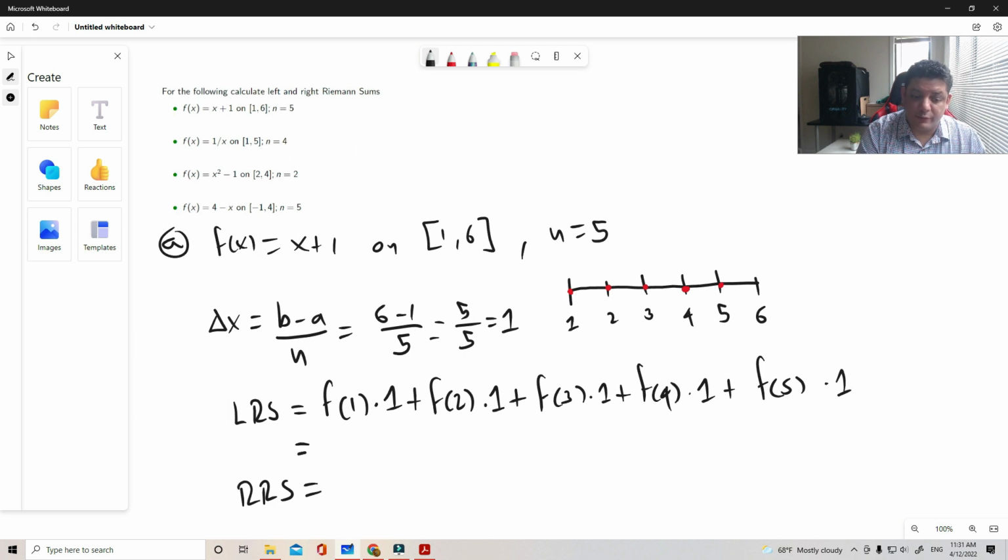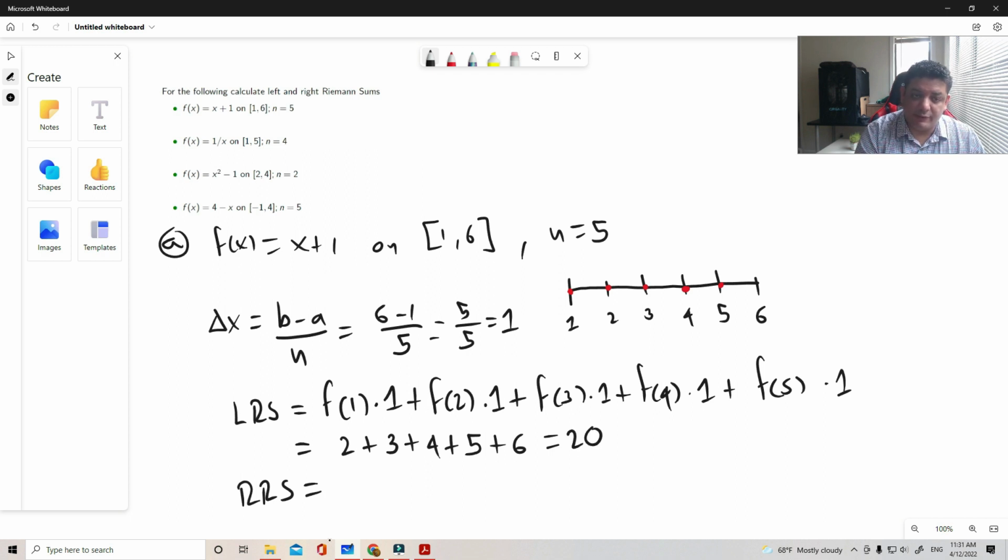Now at this point, of course, I need to actually plug in the function. So f of 1 is going to be 2, f of 2 is going to be 3, f of 3 is going to be 4, f of 4 is going to be 5, and f of 5 is going to be 6. So this is overall the sum of the left Riemann sum. Adding this, we have 15, 18, 20.